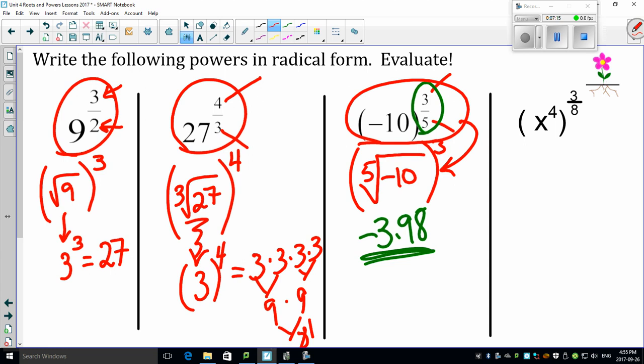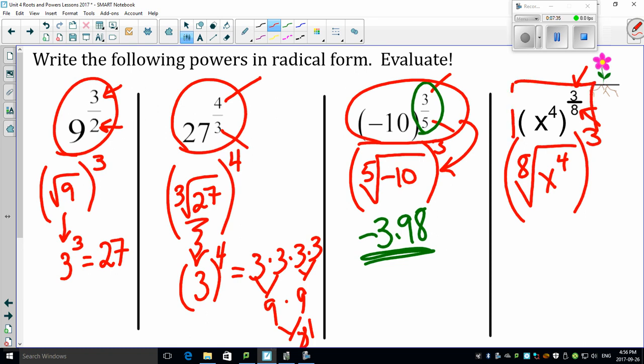Let's do this one. Exponent, right? There's your power, there's your root. So you want the 8th root of x to the 4 all to the power of 3. Well, how are you going to do that? Well, it's actually a lot easier if you leave it in exponential form. Watch, because exponents tell you when you have an exponent on the outside, what do you do across the bracket?